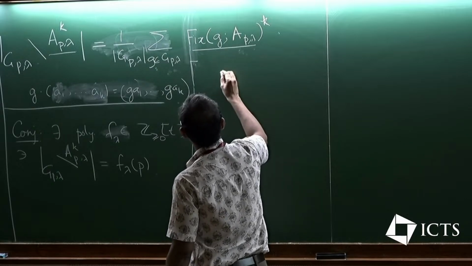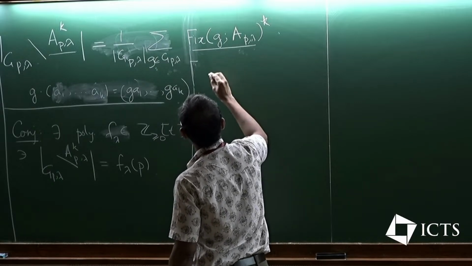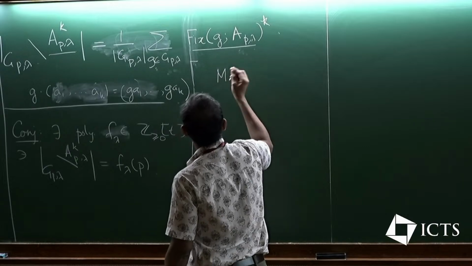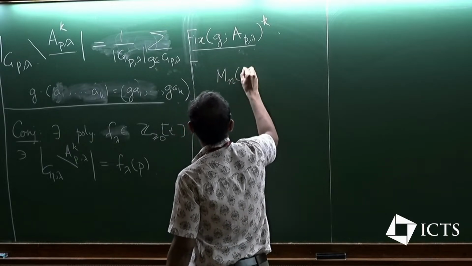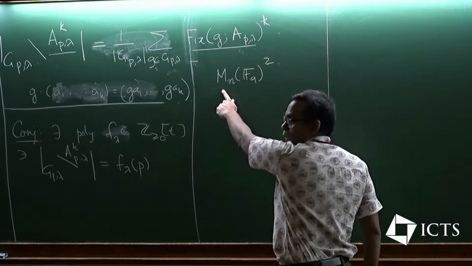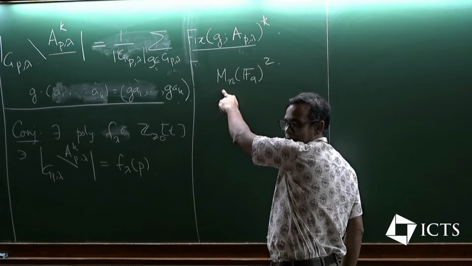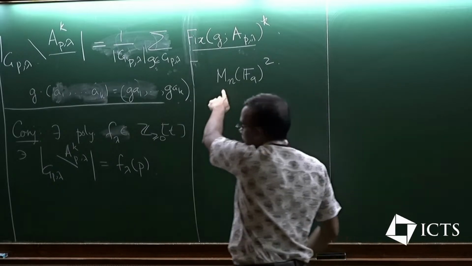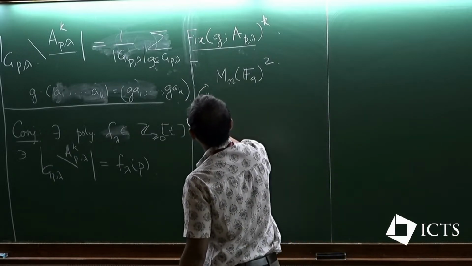Okay, so let me just show you another problem which has similar nature. Suppose I want to look at matrices, say M_n(F_q) squared. Now GL_n(F_q) acts on these pairs by conjugation, simultaneous conjugation.